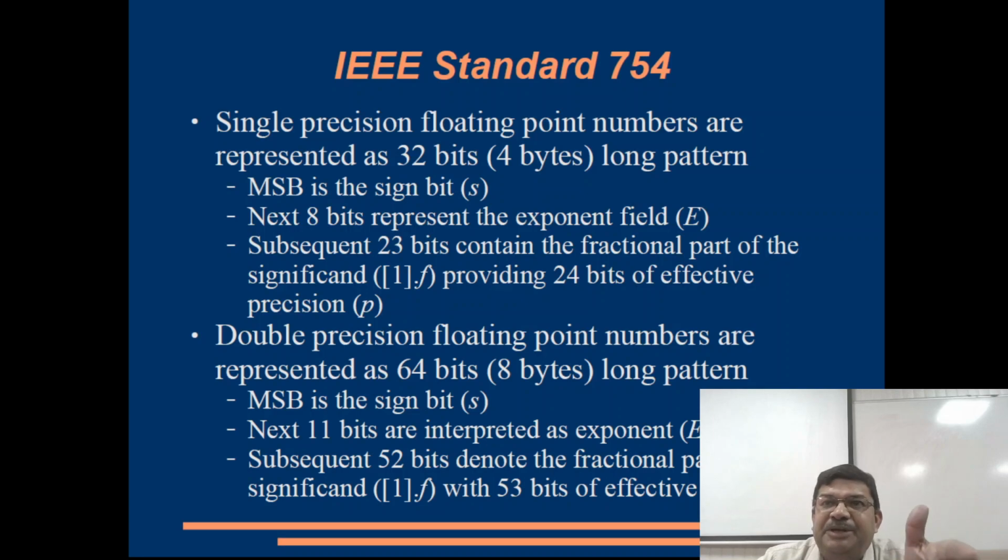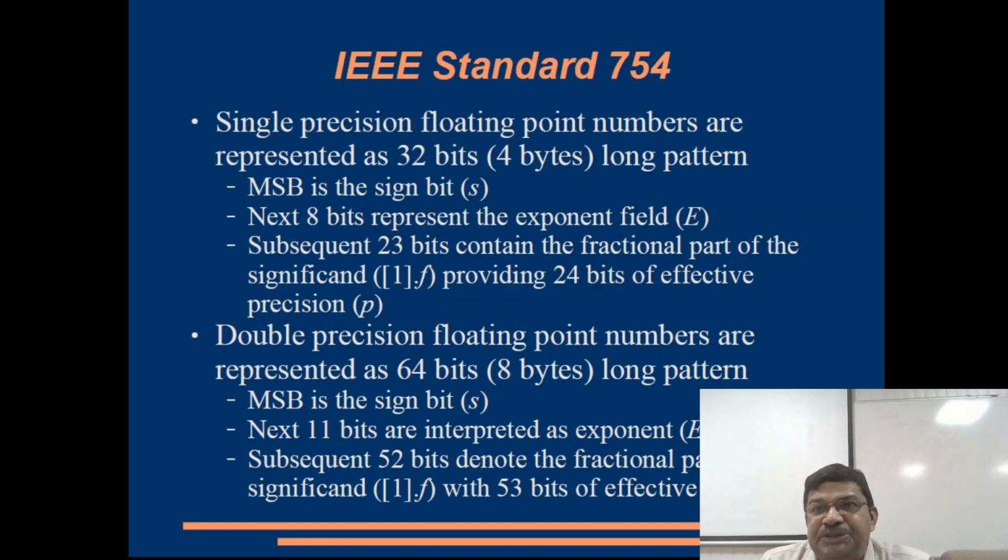the next 8 bits next to the sign bit, they represent the exponent field. What is the power of 2 that this number should represent, the scale, right? So the exponent field, 2 raised to the power something. So what is that something? So those 8 bits represent that, contain that number, and obviously this has to be a signed number, signed integer. Exponent is always integer, but it is a signed integer. So 8 bits signed integer represents the exponent field.